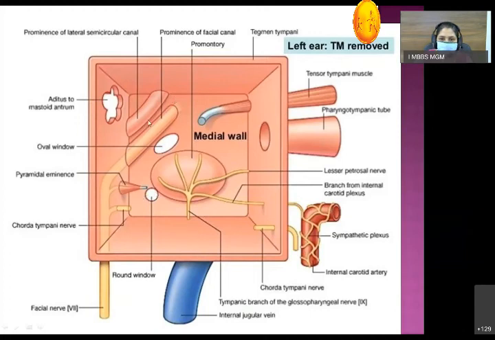This is the prominence for the facial canal, and above it there is the prominence for the lateral semicircular canal. These are the features of the medial wall of the tympanic cavity.